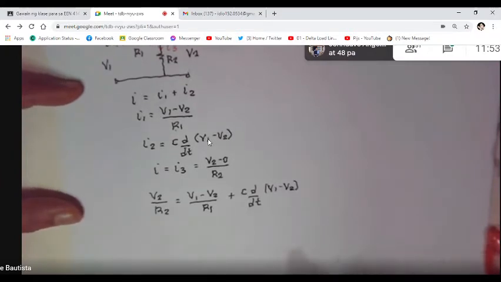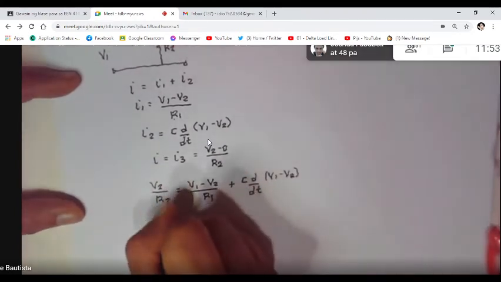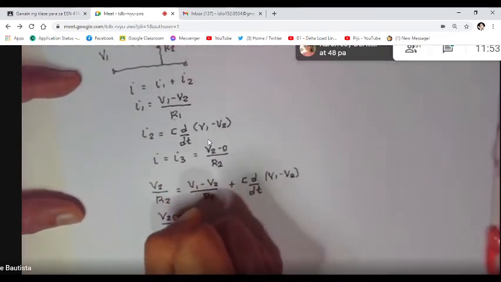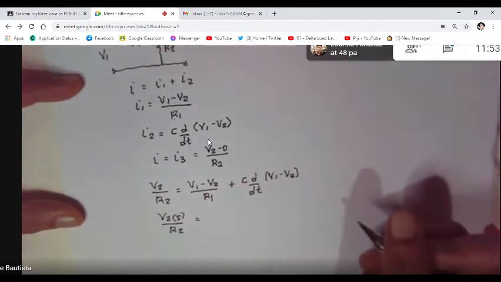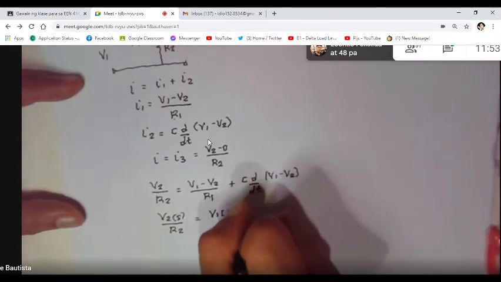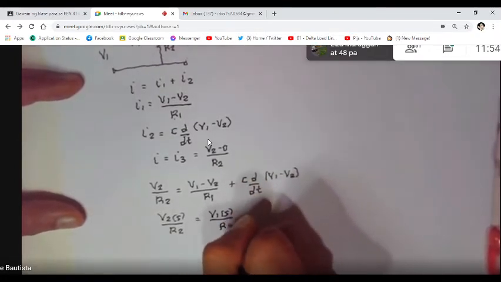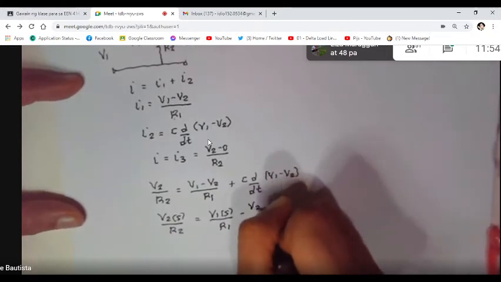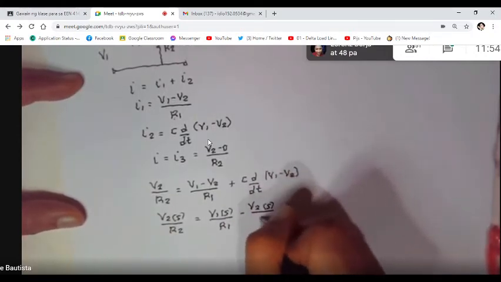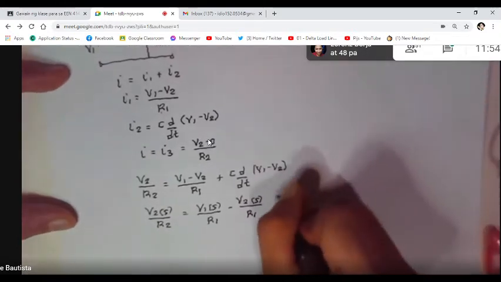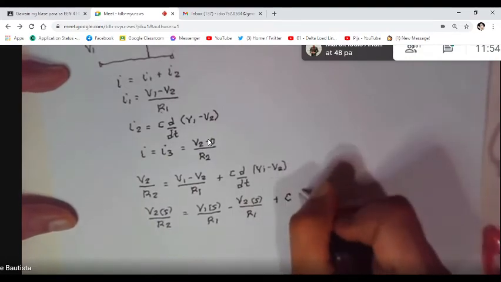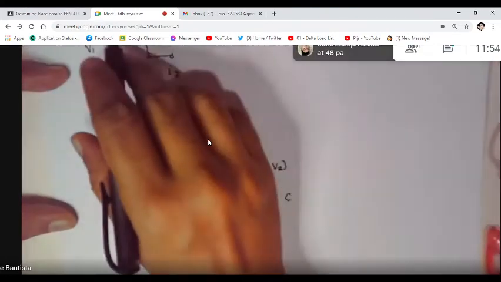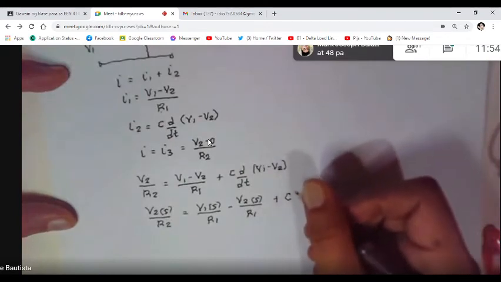Okay? So, pag kinuha mo yung Laplace niyan, anong Laplace niyan? So, V2(s) over R2, that is equal to, so we have V1(s) over R1 minus V2(s) over R1, pinaghiwalay ko lang, plus, Laplace nito, that is C. So, isa lang naman yung C. C, ano yun?